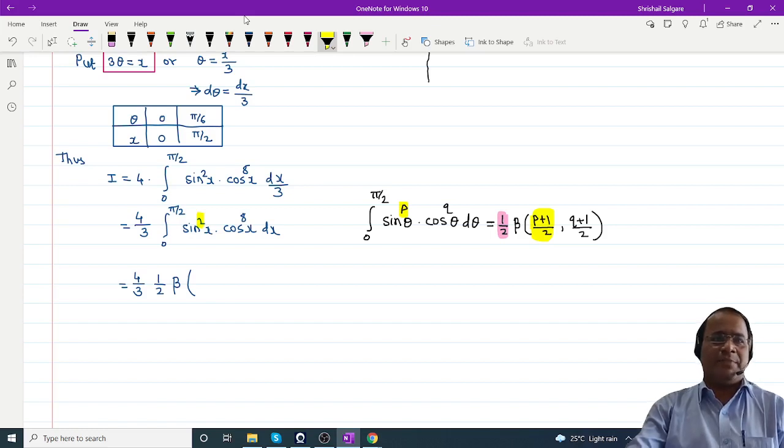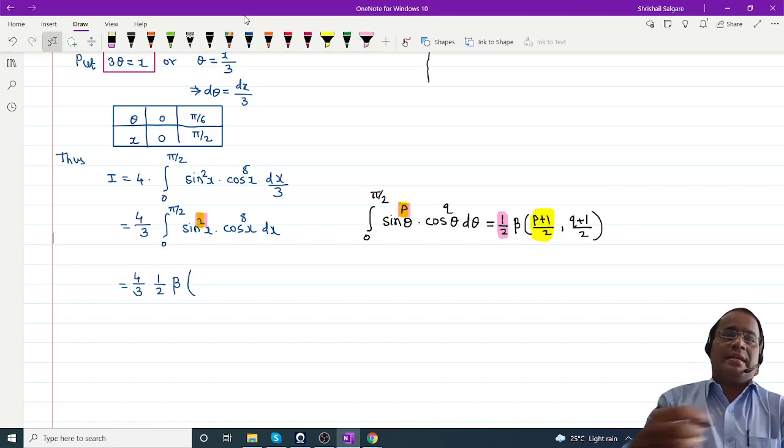What is p? Okay, I will ask one by one. What is p here? Okay, Siddhi. What is p? I am asking. Okay, I will use a different color to highlight that. What is p if we compare? 2, sir. It is 2. Okay. Now we require p plus 1 by 2.